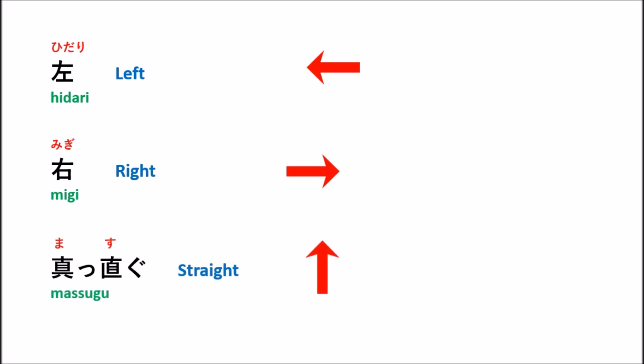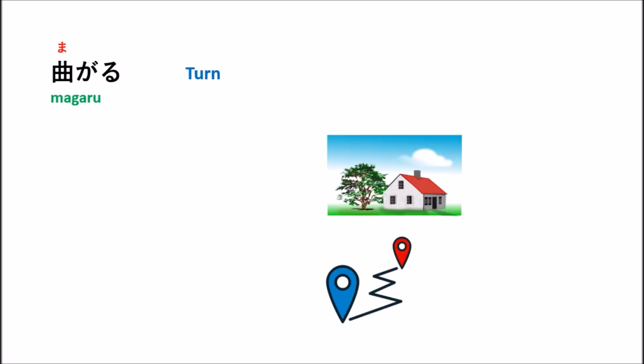Masugu means straight. Magaru means turn. For example, if you want to turn left or turn right, you can use magaru.